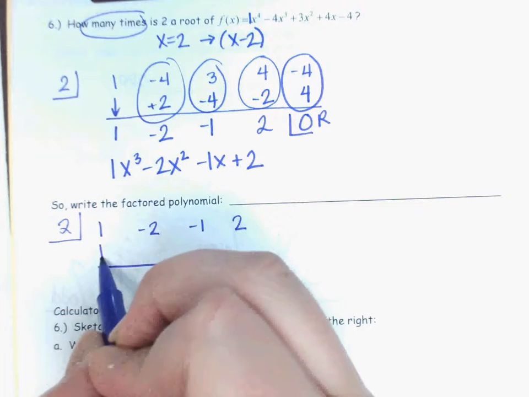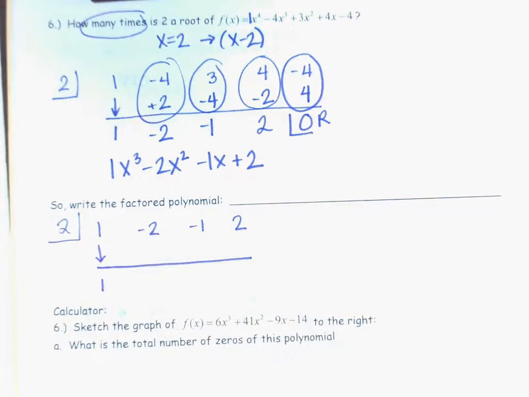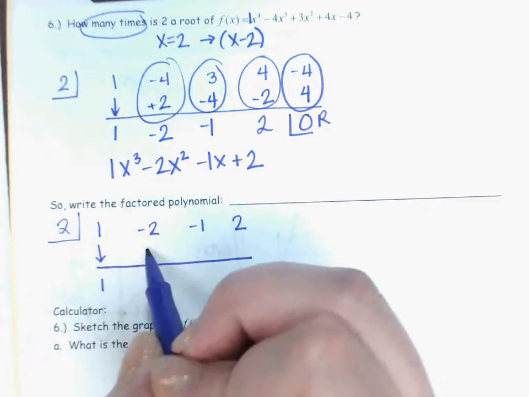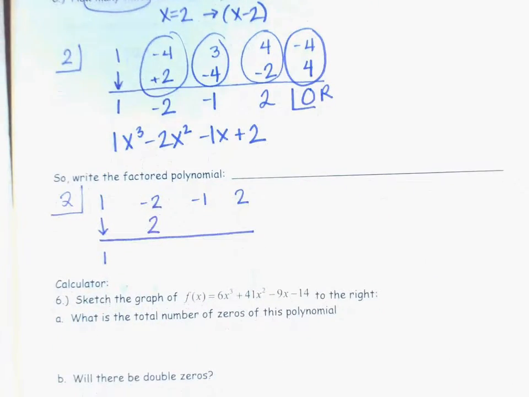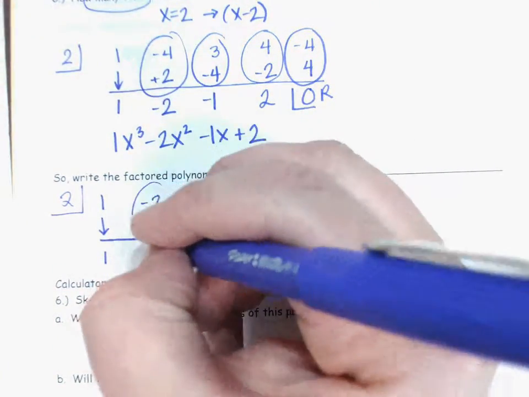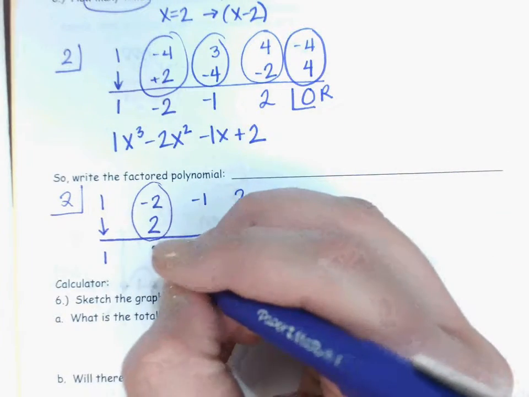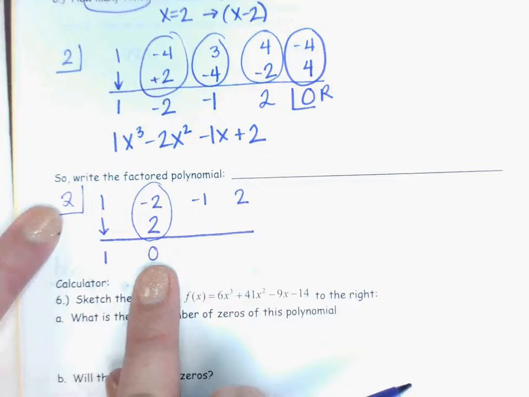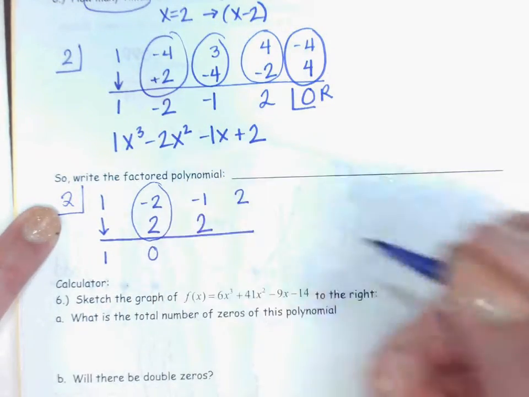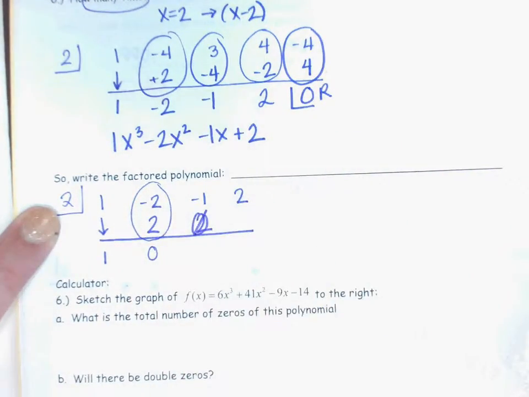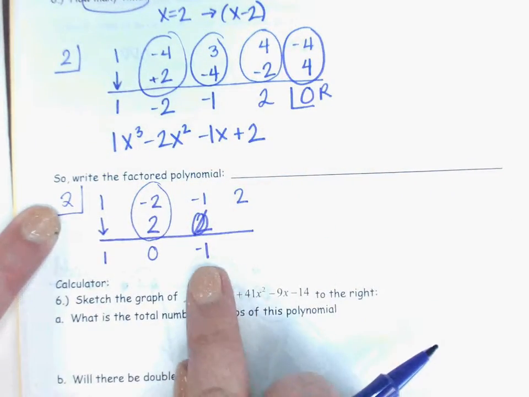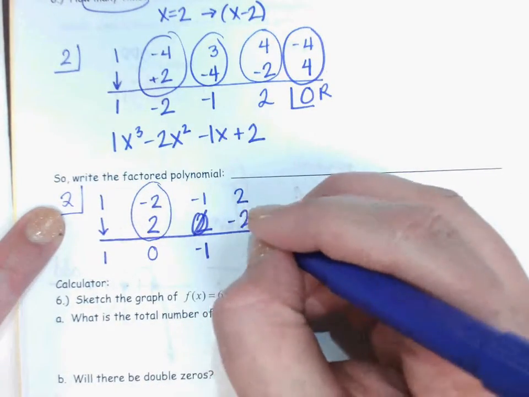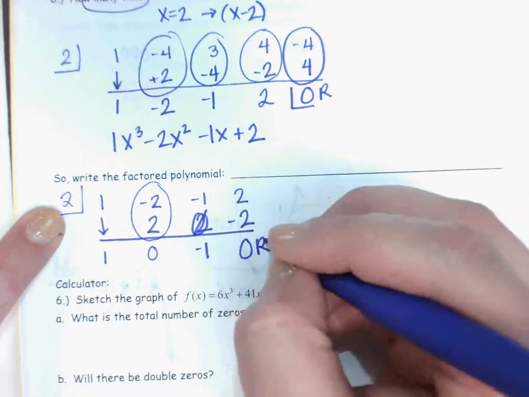So, first guy carries down. 1 times 2 is 2. Add up that column. Negative 2 and 2 makes 0. 0 times the box 2 equals 0. And then negative 1 and 0 makes negative 1. Last one, negative 1 times 2 is negative 2, and then 0 is my remainder.